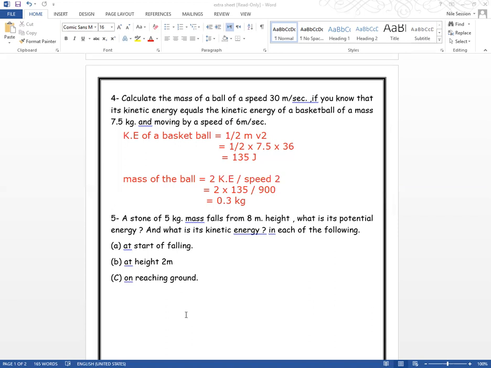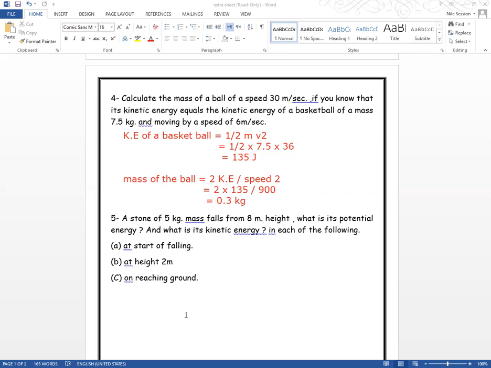The last problem: a stone of 5 kilogram mass falls from 8 meters height. What is the potential energy and what is the kinetic energy at each of the following? Number A, at the start of the falling.